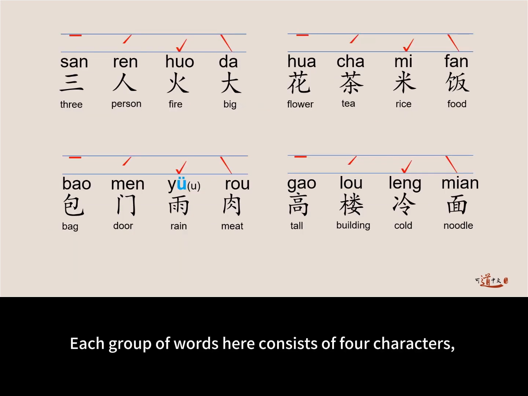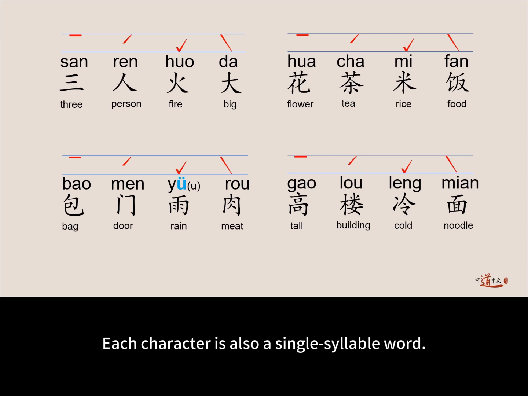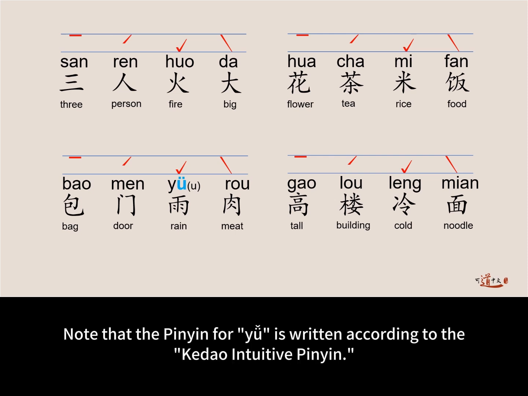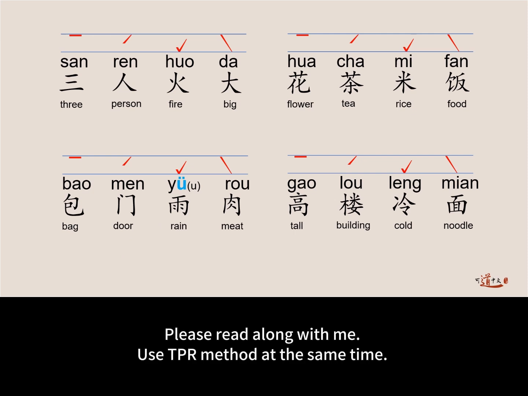Each group of words here consists of 4 characters, arranged according to the sequence of the 4 basic tones. Each character is also a single syllable word. Sometimes we also call it monosyllable word. Note that the pinyin for yu is written according to the 可道 intuitive pinyin. The yu is written as you in dictionaries and textbooks. Please read along with me.